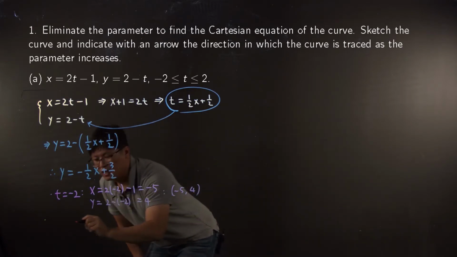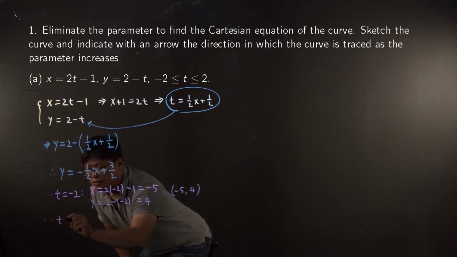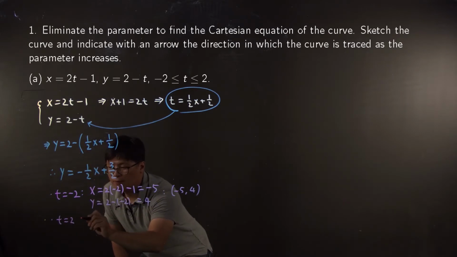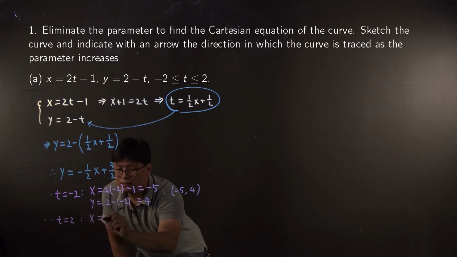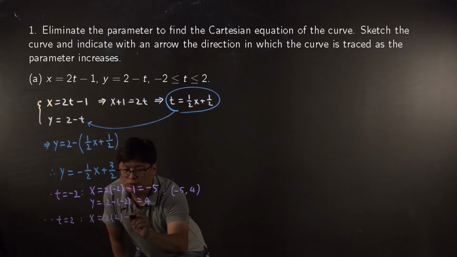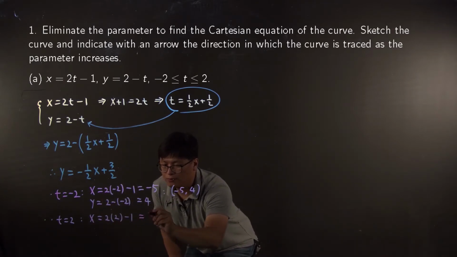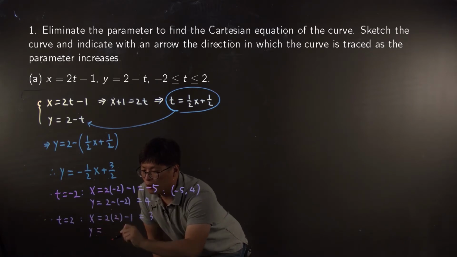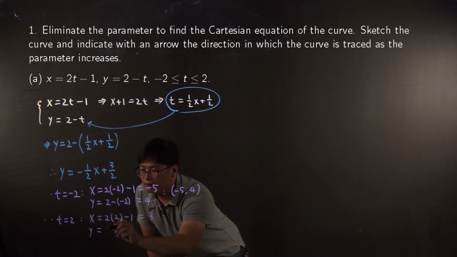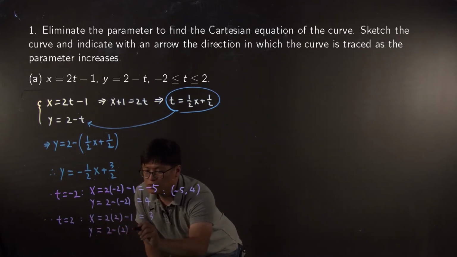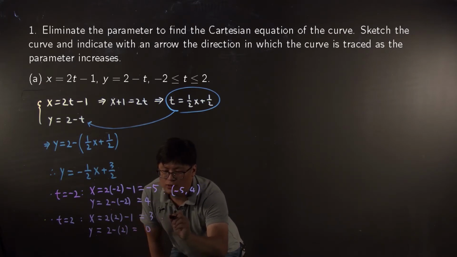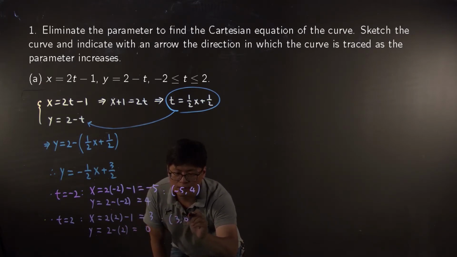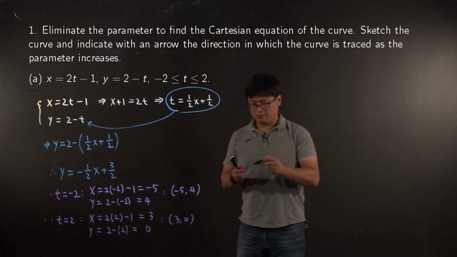And what about the other point? When t is equal to 2, my x is 2 times 2 minus 1, which is 3. And the y component of the point is 2 minus 2, which is 0. So your second point is (3, 0). Is that okay so far?